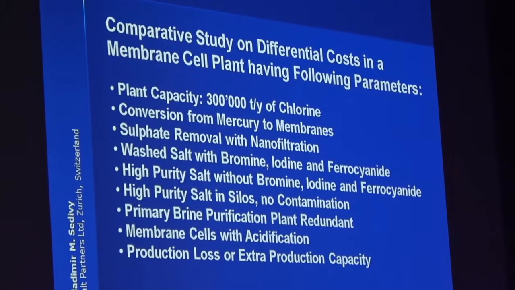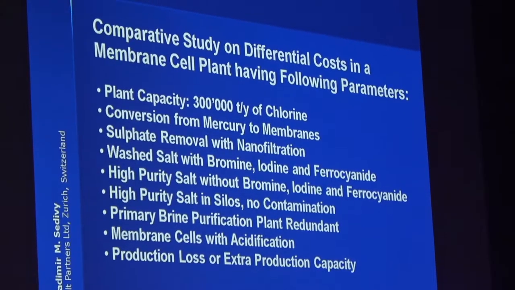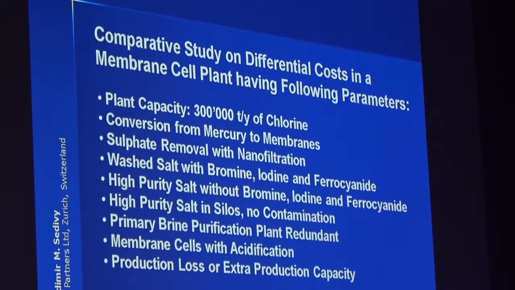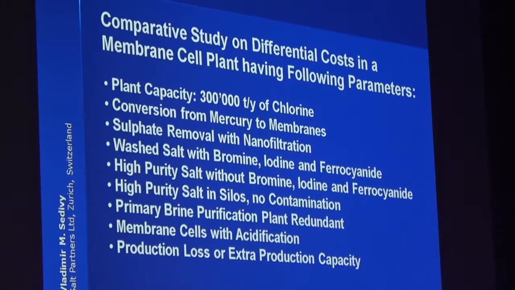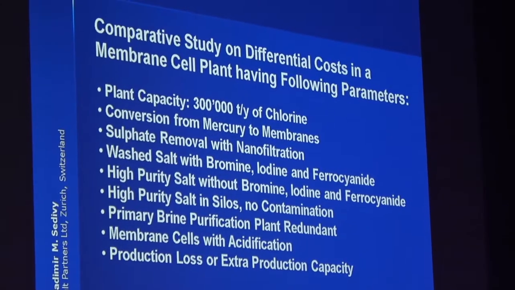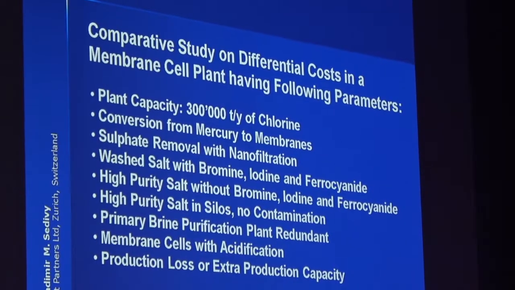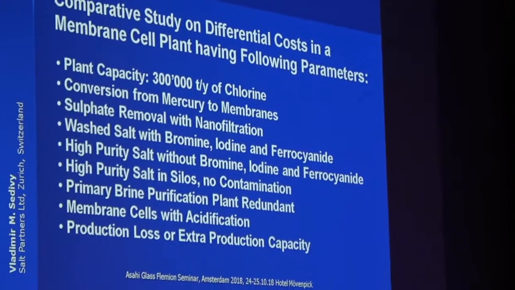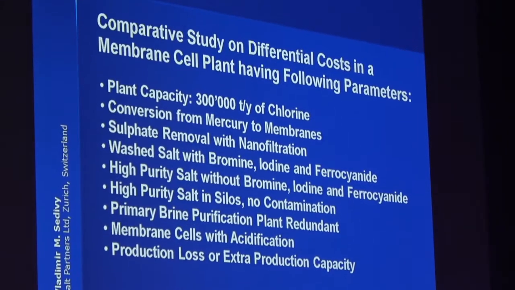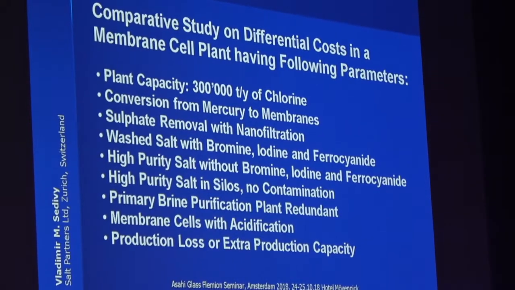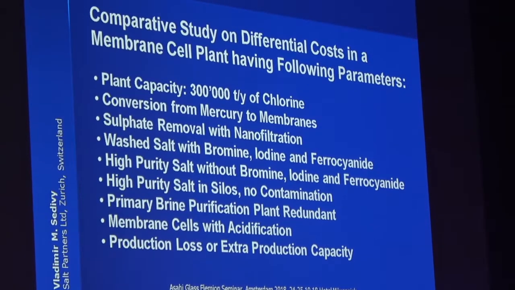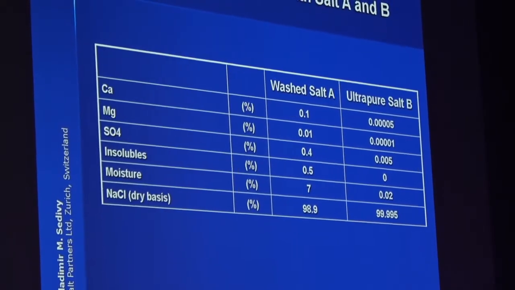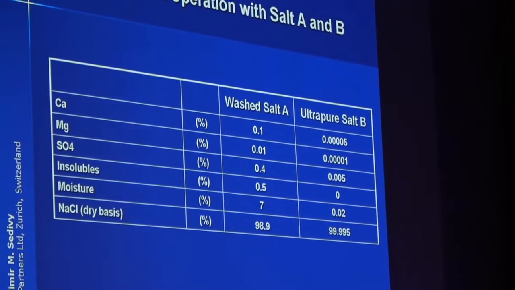So we have carried out a comparative study with one of our clients, and these are the elements that we looked at. 300,000 tons per annum of chlorine, and we have looked at all the aspects of the brine purification plant that have to do with purity of salt. And these are the figures.